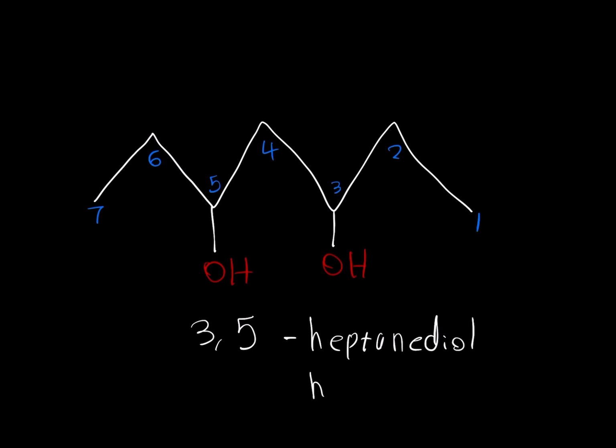If it was 1 OH, it would be heptanol. But basically what you're doing is you're taking away the OL, adding an E, and then putting the prefix DI, and then adding the OL back in.